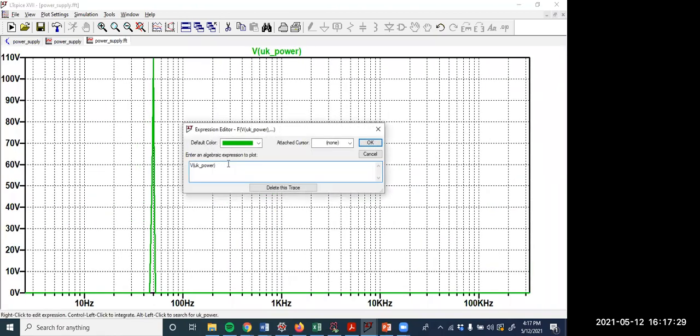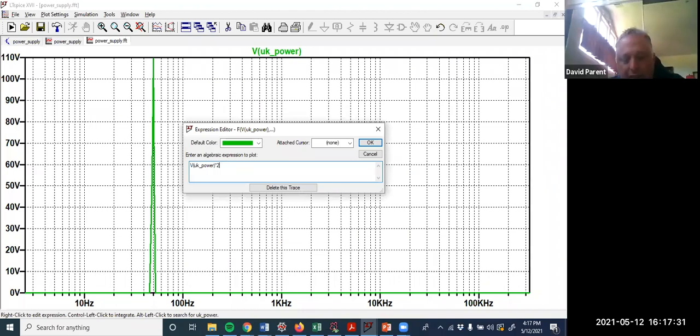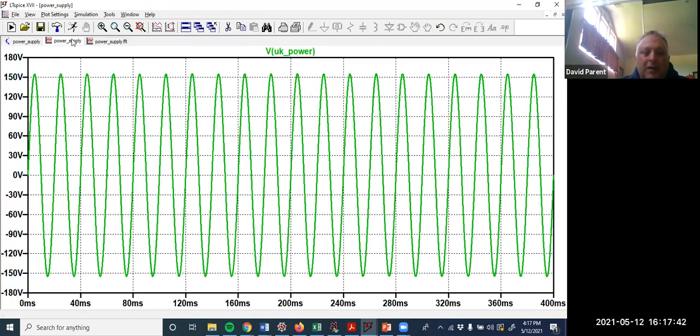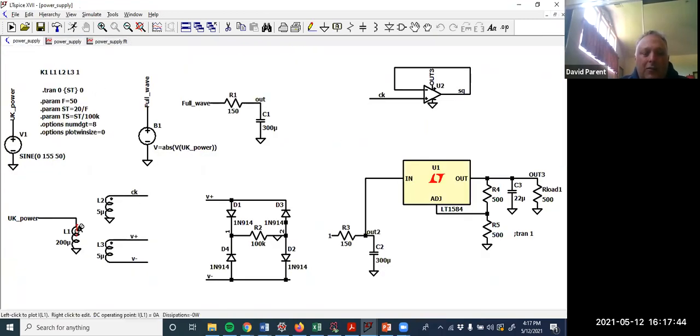And when I convert it from RMS to amplitude, I should get my 155 peak to peak. Okay. So this is just a transformer. That wasn't really part of the question. I went above and beyond what you needed to do.